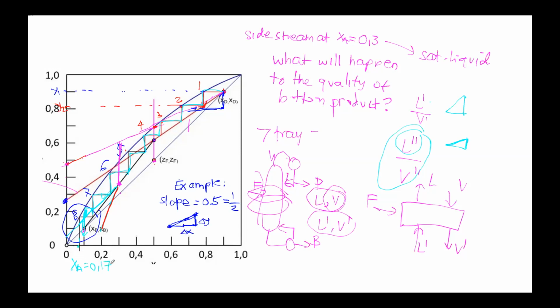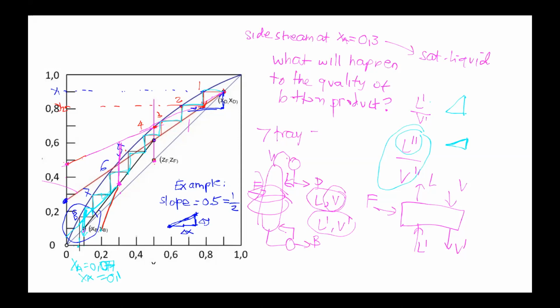Now, because of the side stream, maybe the A would be 0.07. Yeah, it becomes 0.1. So the remaining A in the bottom product is going to be higher compared to the original one.